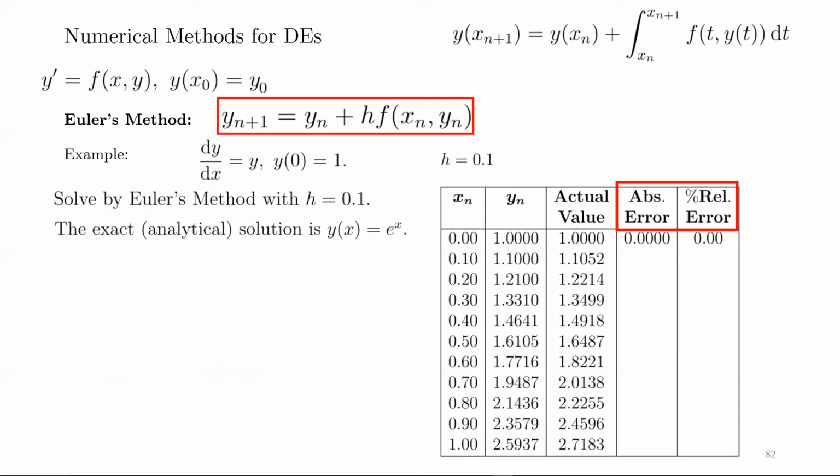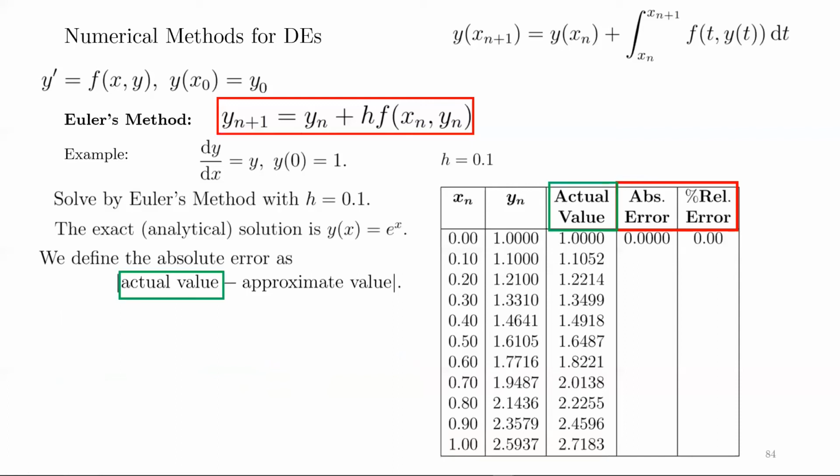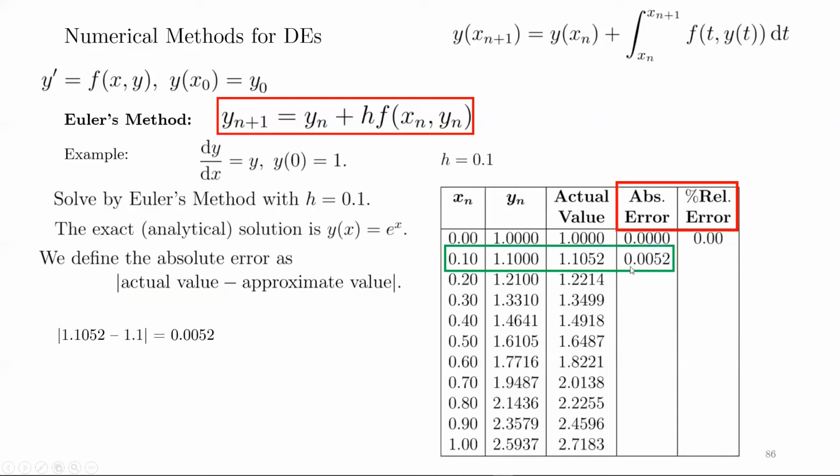Just quickly talking about these error terms here. The absolute error, this first column in here, is the actual value, so the exact value minus the approximate value that we've approximated using the numerical method. The actual value here in green, this exact solution basically, the approximate value is our numerical method value. In this first line here, the actual value is 1.1052 minus the approximated value, 1.1.